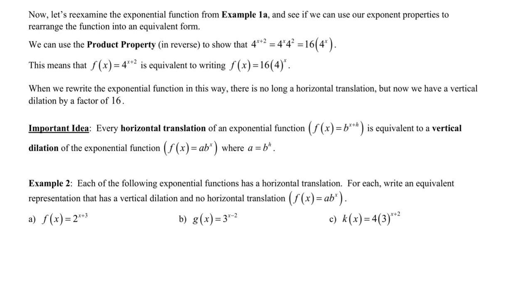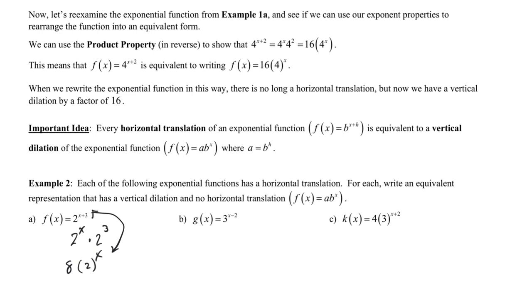Since they're adding, I could rewrite this as 2 to the x times 2 to the third, same thing. Clean that up a little bit. That's really an 8 times 2 to the x. So these two guys are the same thing. The original showed a horizontal translation of -3. The second one, when I redid it, is showing a vertical dilation of 8.